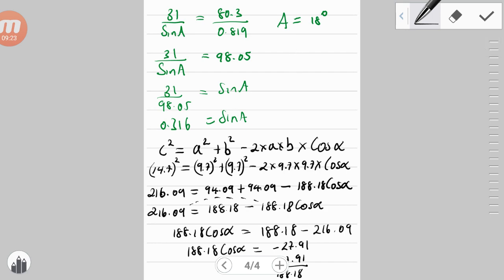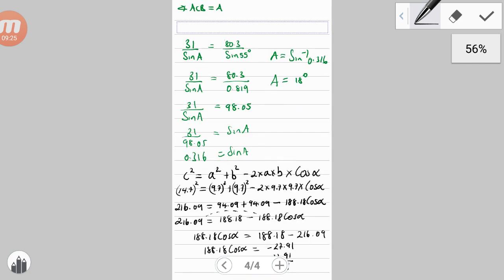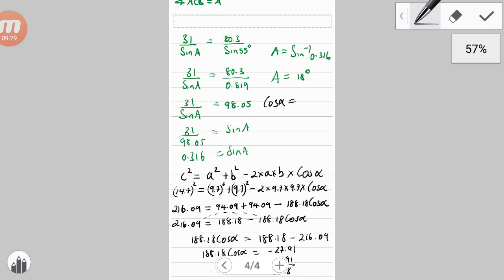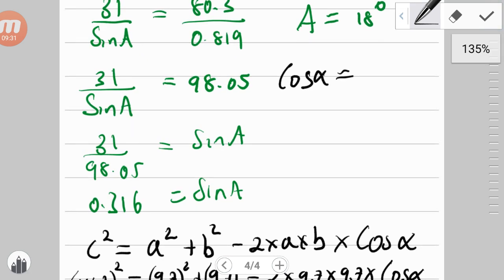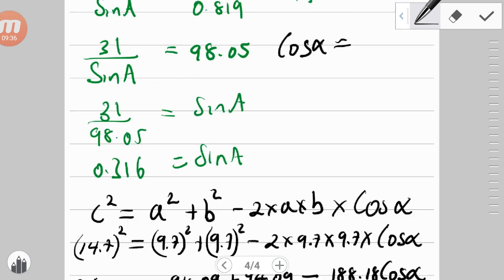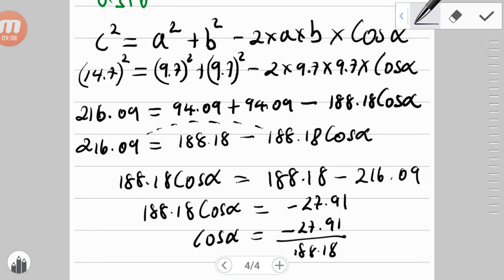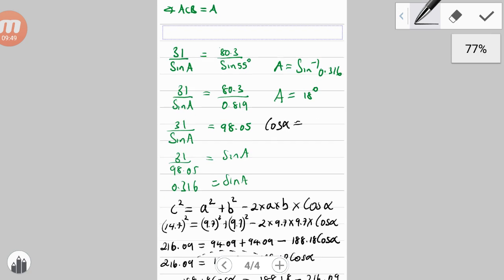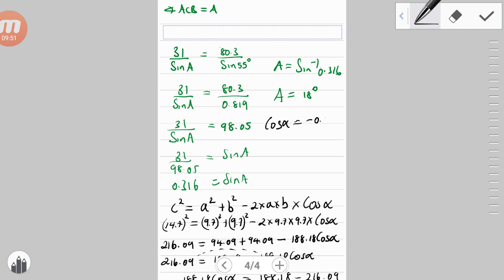So if we divide those two, cosine alpha is then equal to negative 27.91 divided by 188.18. The answer should be a negative result, so that's negative 0.148.